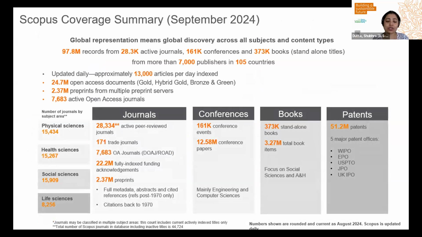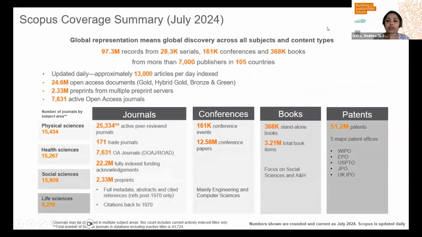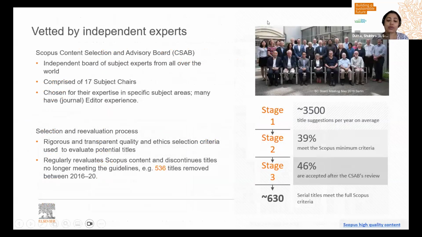And the most important part of it is that Scopus is a curated database. All the content that you have on Scopus is peer-reviewed content, and it is vetted by our independent body of experts known as the Content Selection and Advisory Board.